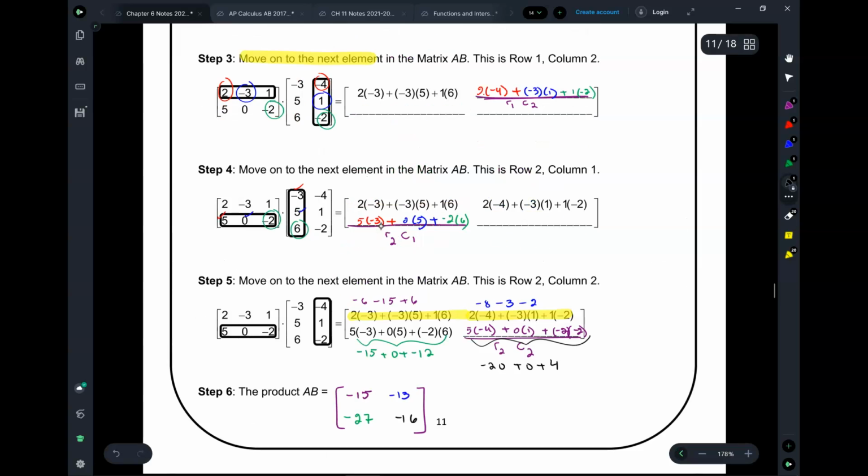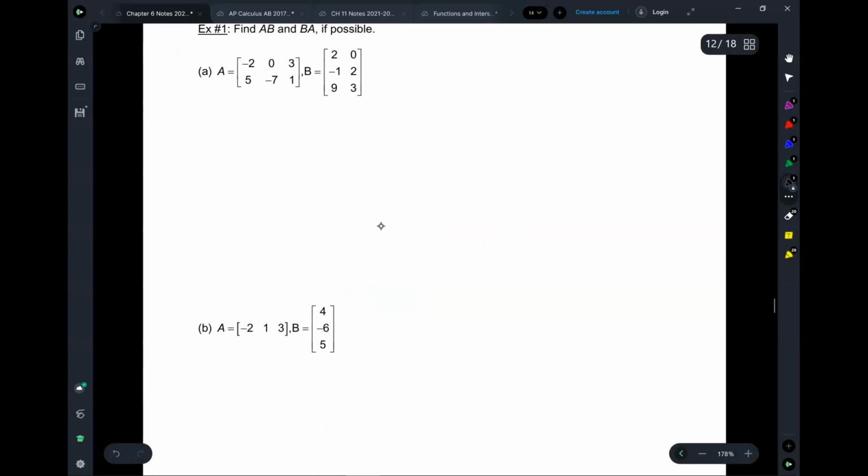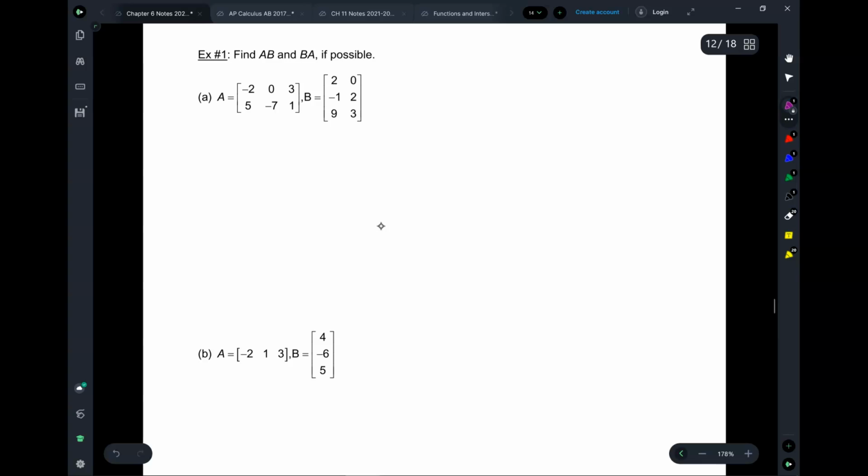Now, a lot of times, students will just do this in their head. So for them, they'll say, okay, negative 20, 0, positive 4, negative 16. Right? Like, you're not going to have to write it out like this every single time. Okay? All right, so let's do one here. So let's find AB and BA, right? So let's do AB.